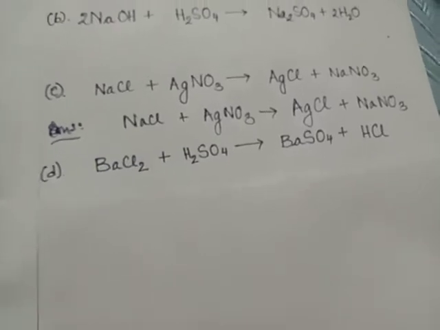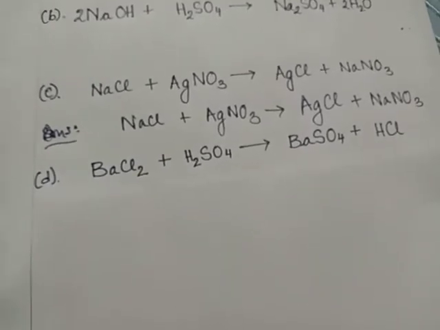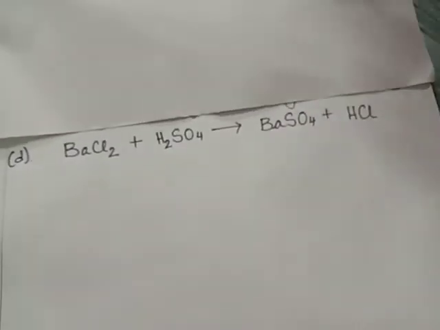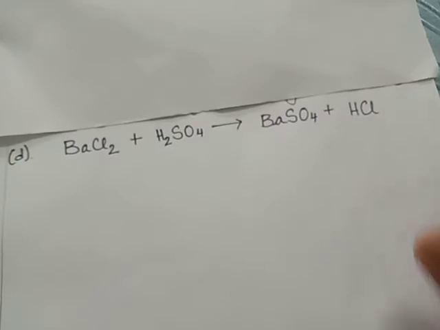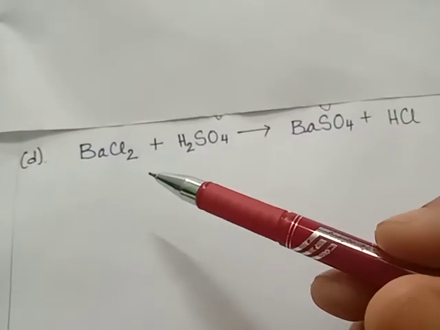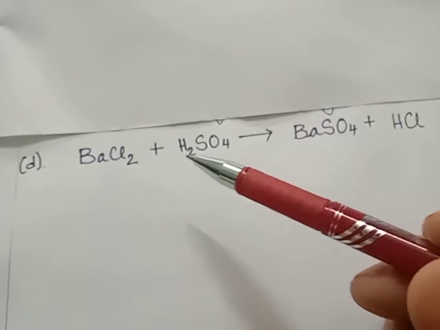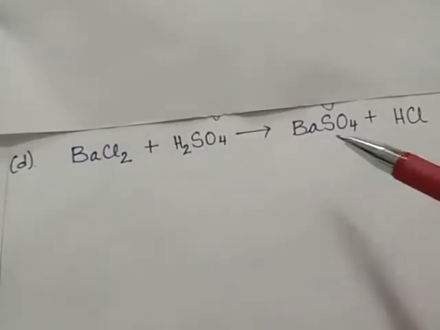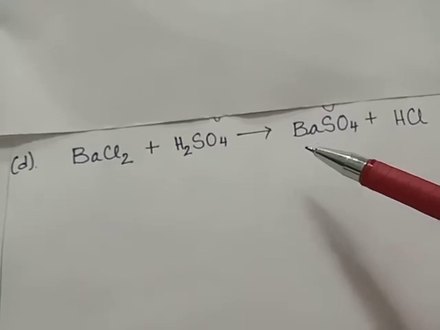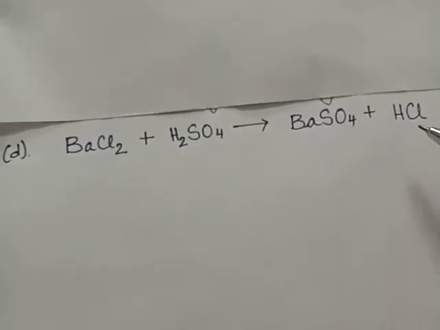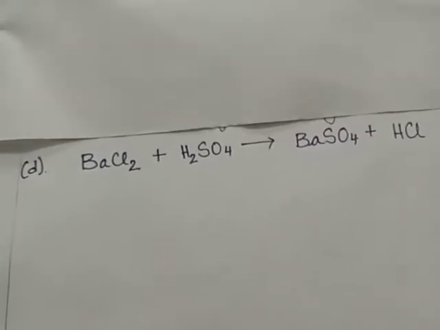Next question is question number 6D. BaCl2 plus H2SO4 produces BaSO4. BaCl2 means barium chloride, H2SO4 means sulfuric acid, produces BaSO4, which means barium sulfate, plus HCl means hydrochloric acid.